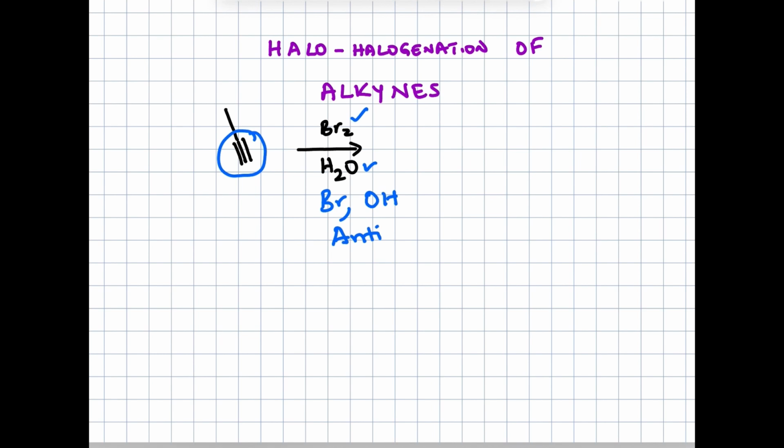So basically, you end up with this product where the triple bond is now reduced to a double bond, but now you've added bromine to that position and OH to that position.